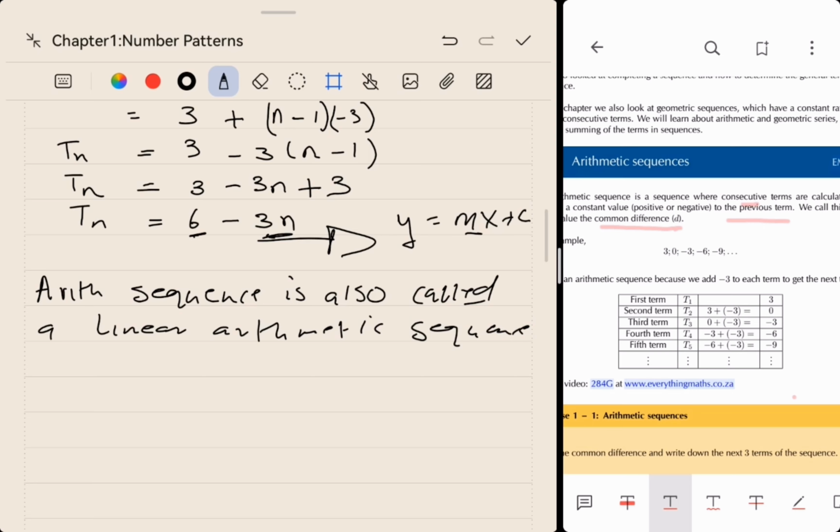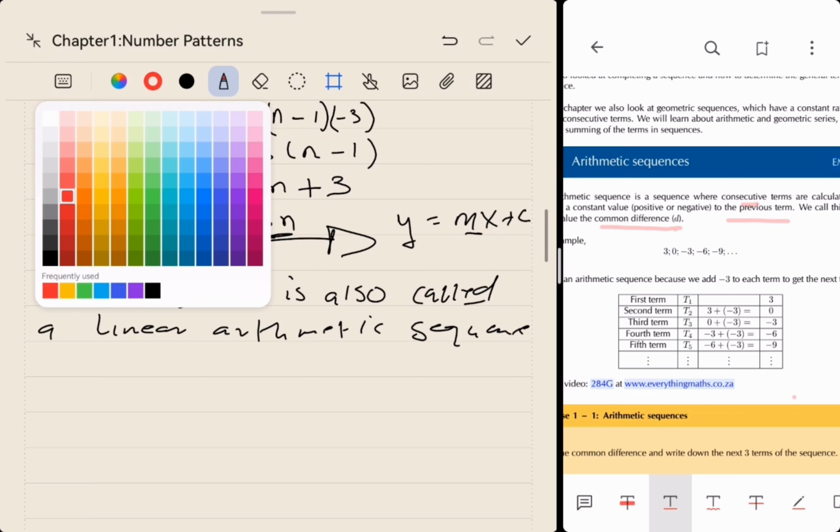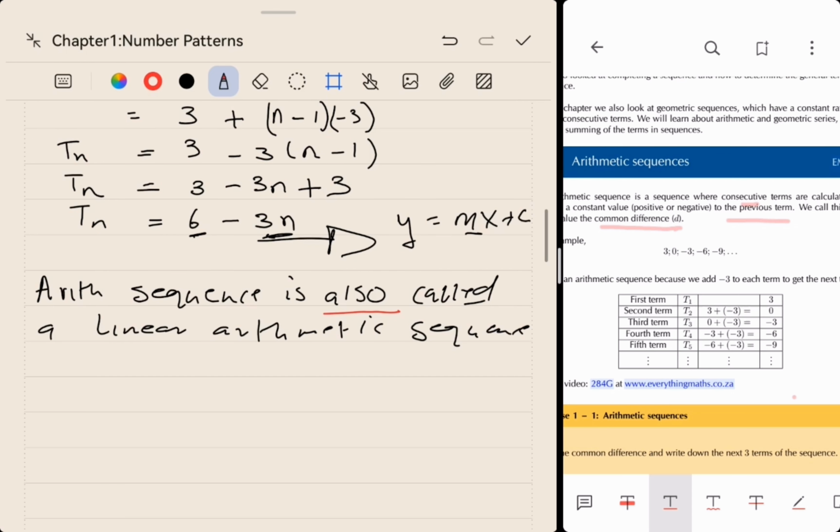So you can use this name to refer to the arithmetic. It is also called a linear arithmetic, which means if it's a linear graph, we can be able to plot it.